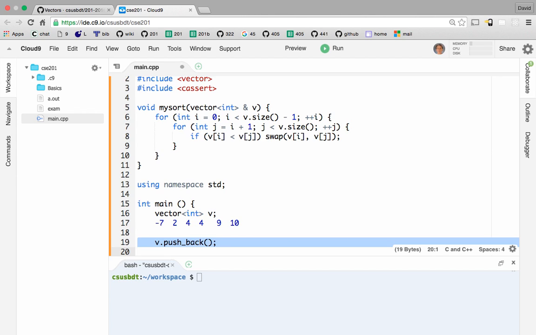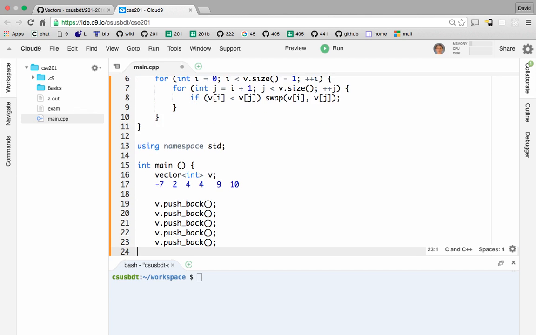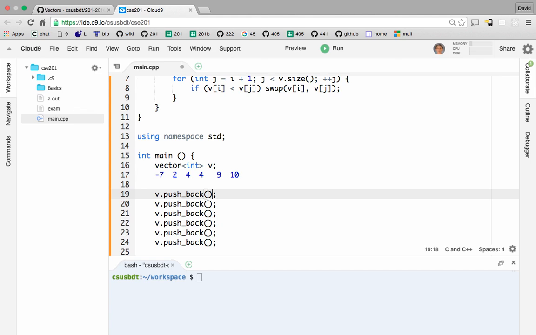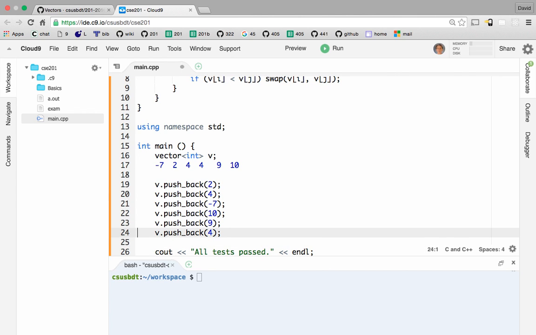There's 6 of them. And let's put a 2 on there first. That's how we did it, I think. It was 2 and then 4. Actually, I don't remember. Minus 7, 10, 9, 4. I think that's how we did it.